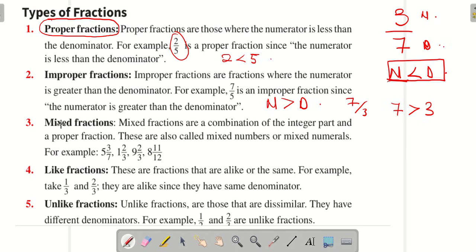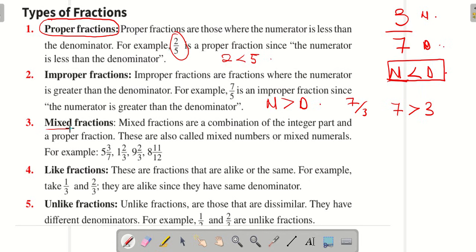The next type of fraction is the mixed fraction. When we say mixed, it means that we are trying to merge a whole number to another proper fraction. We are merging a whole number to a proper fraction.